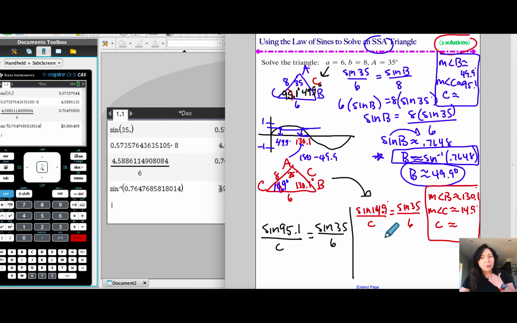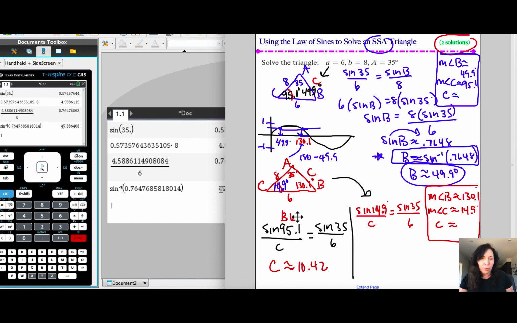And so cross multiply on both of those. So on the left side, I'm going to go 6 times sine of 95.1, and divide by sine of 35. So divide by parenthesis sine of 35, and I get for that one 10.42. So c is about 10.42.